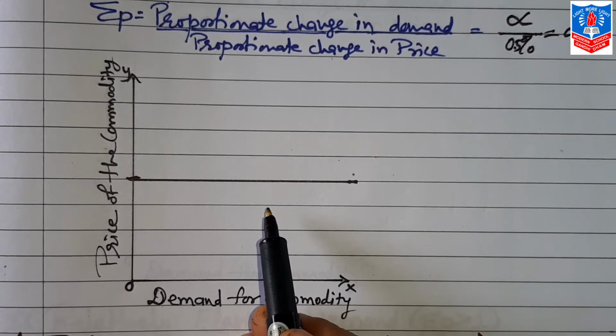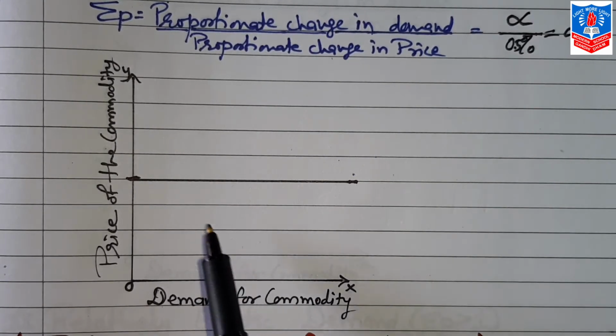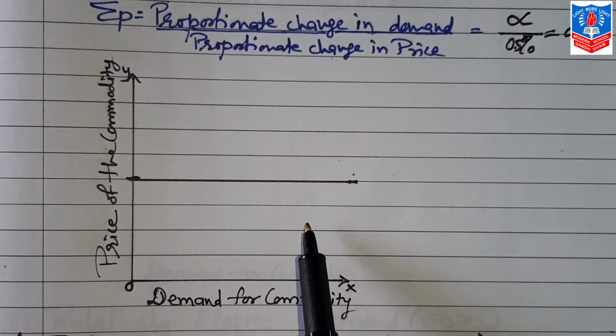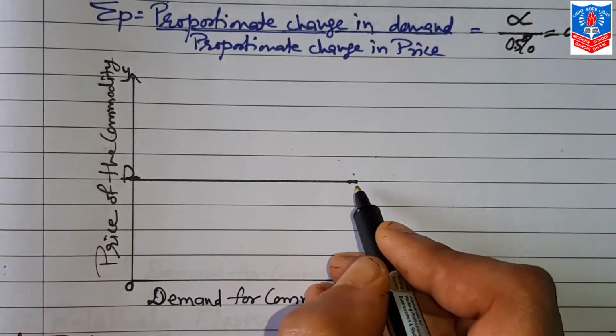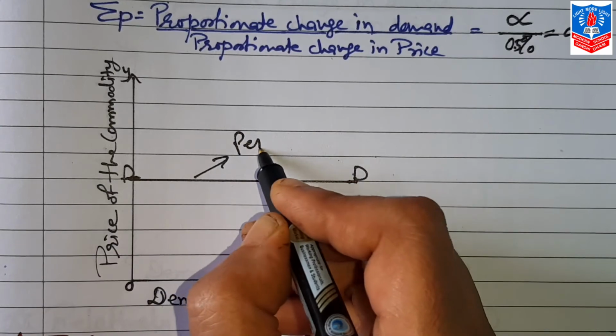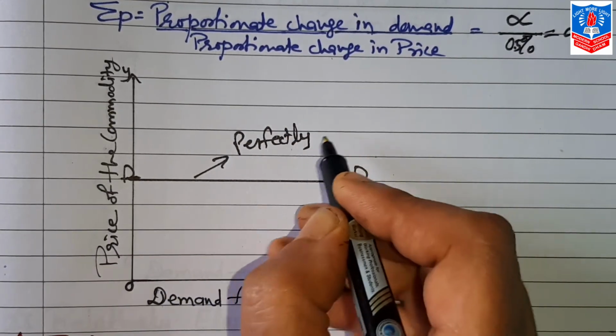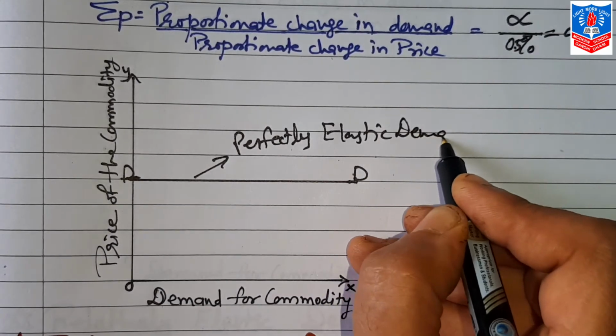So remember, perfectly elastic demand is always horizontal and parallel to the x-axis only. Here we give the name DD, which is perfectly elastic demand.